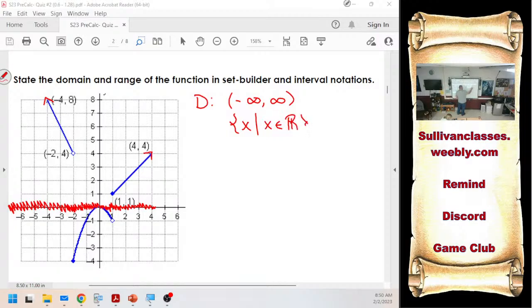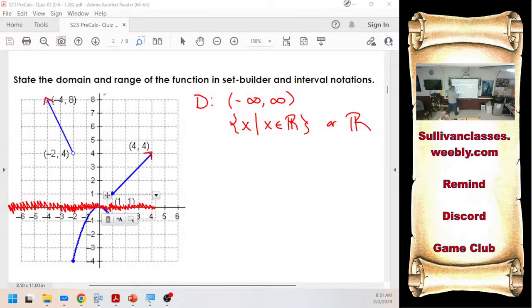And honestly, I don't need to do a full set builder notation if it is the entire real number set. I could just do this. Remember when we got 6 and I said don't use bracket 6, 6 bracket? It was overkill. This is also overkill because that symbol means the entire set of real numbers. So I'd take either one.